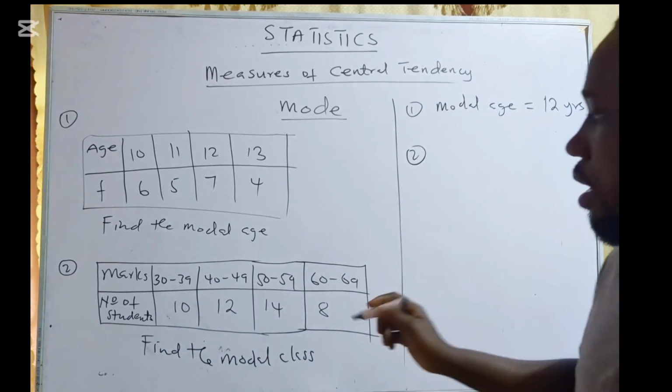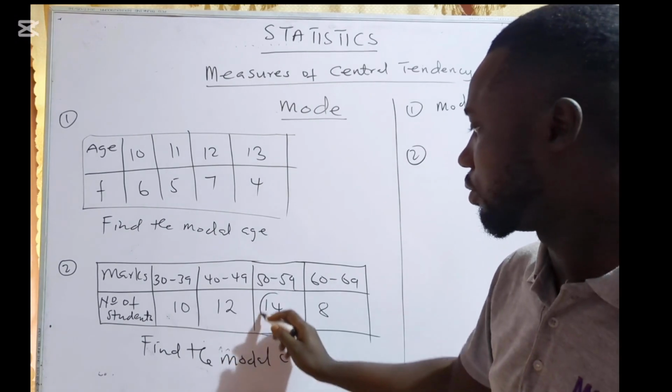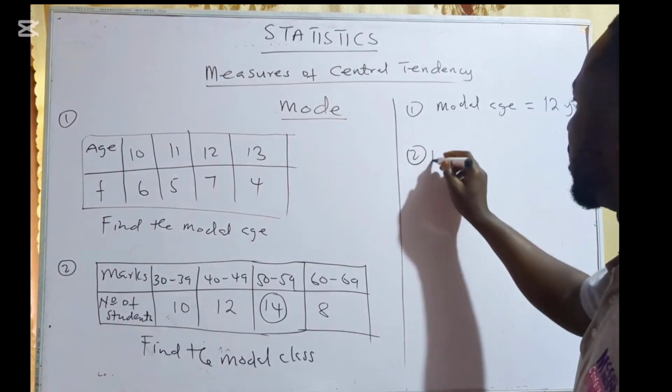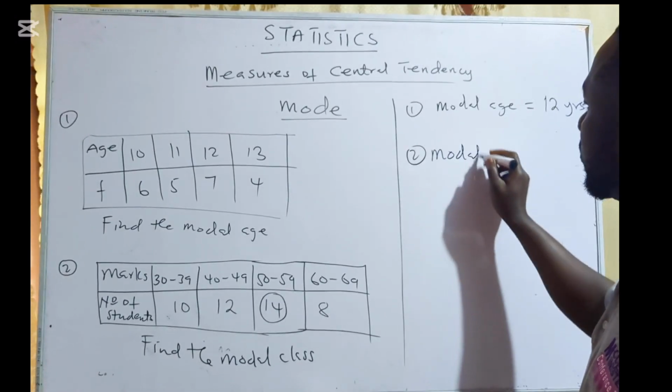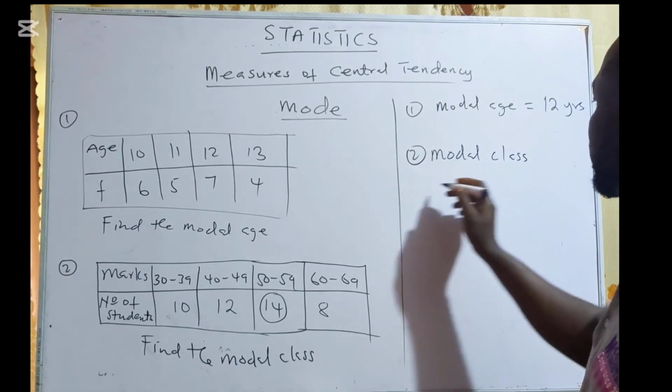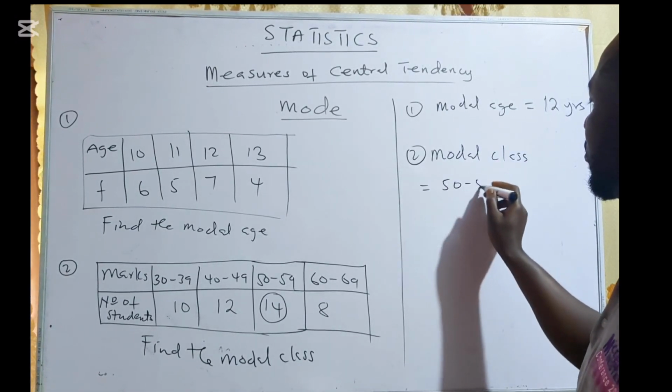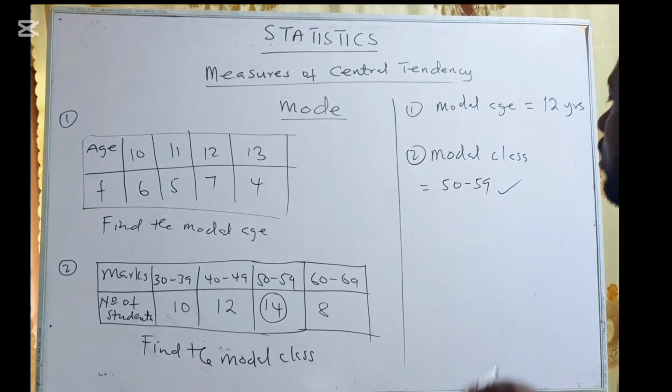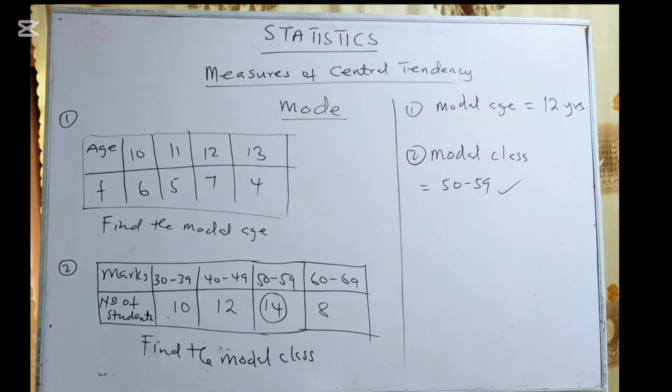Which class interval has the highest frequency? That is from 50 to 59. So you say that my modal class is 50 to 59.